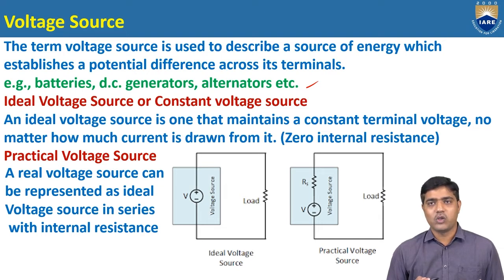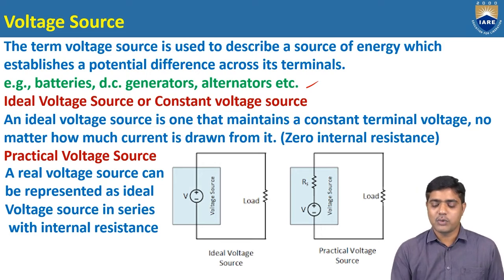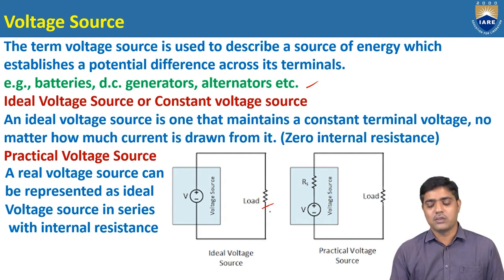What is meant by an ideal voltage source or constant voltage source? In an ideal voltage source, irrespective of whatever changes take place in the load circuit, the voltage available at the terminal is going to remain constant. Suppose you increase the load; obviously, the current drawn by the load also increases, and because of the increased load current there may be changes in the terminal voltage.